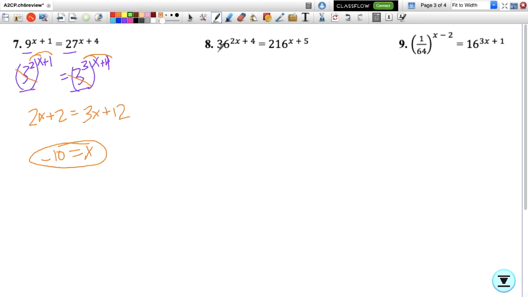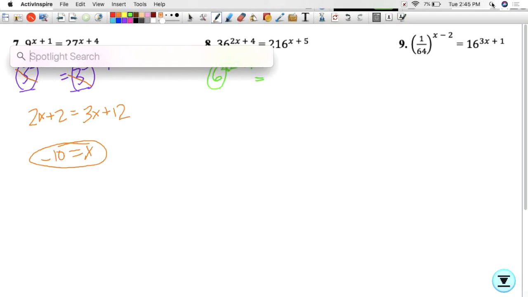Okay, now in this problem, I noticed, wow, 36 probably could be broken into, I don't even know, 2's or something, but I also noticed that 36 is the same thing as 6 squared. So I'm going to keep it like that for now, raised to the 2x plus 4. And I'm going to hope that this 216, I can divide 6's into it, and I can raise it as a 6 to some power.